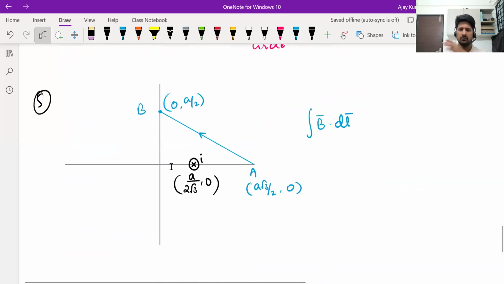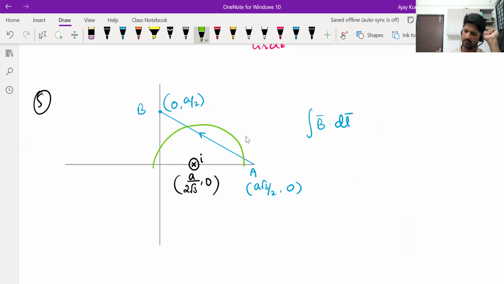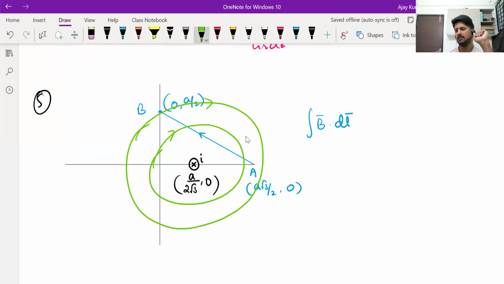Here, the path given to you is a straight path. The current is a straight infinite current. It's into the screen, and it produces circular magnetic field lines. Not exactly like this, but somewhat like this. And the line along which you are moving is a straight path. So that is what makes this case complicated.